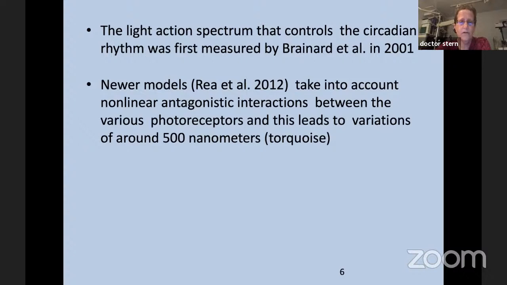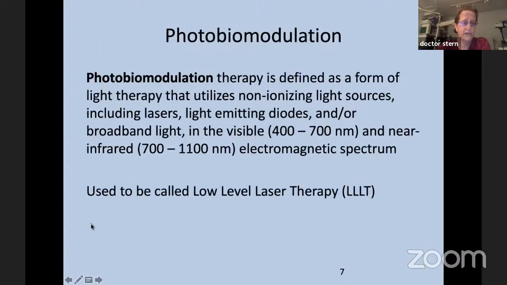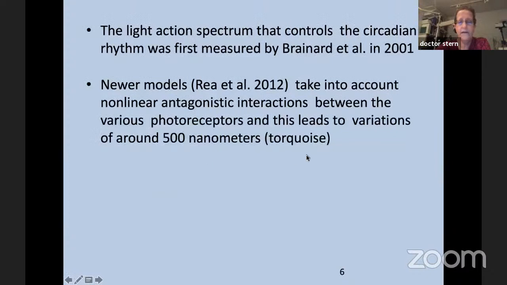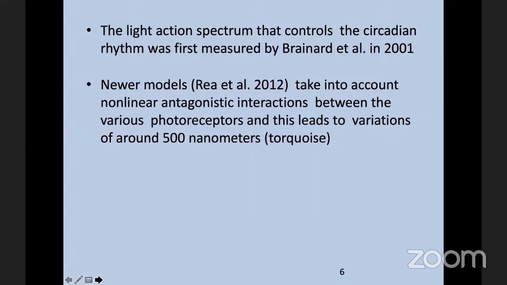And they have some wonderful things on their website that are all free that are really quite interesting. But he basically found, as is now known, that the photoreceptors were maximally sensitive around 500 nanometers, which is turquoise. But we know again that they're maximally sensitive in the blue end of the spectrum.